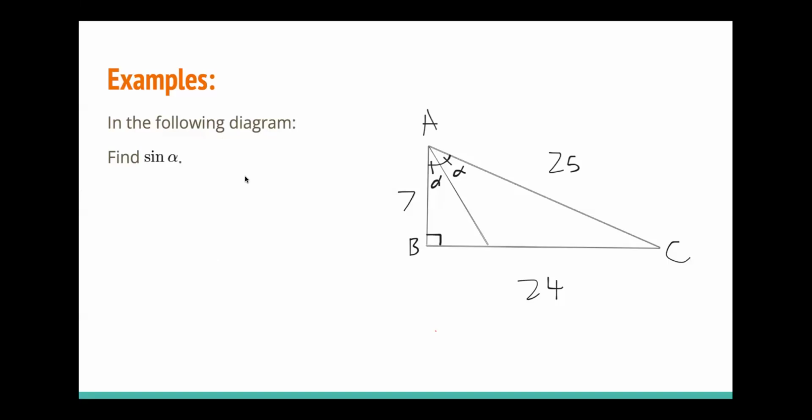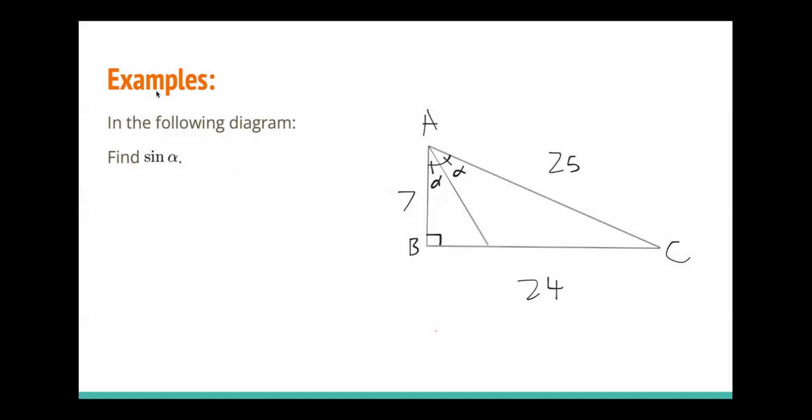I'll just go ahead and explain this because it's kind of hard. Sine alpha. By the angle bisector theorem, I think this is worth knowing.